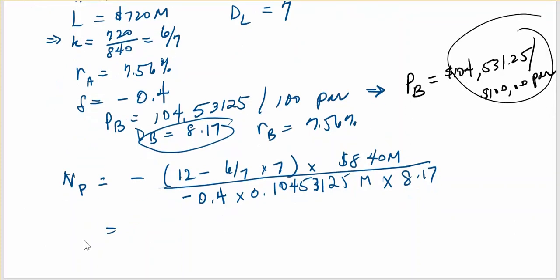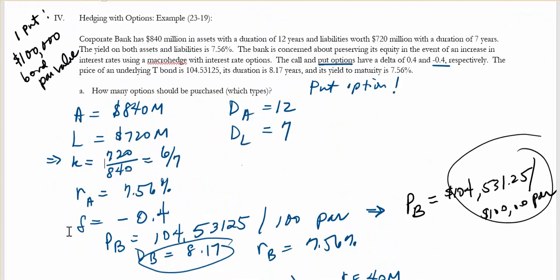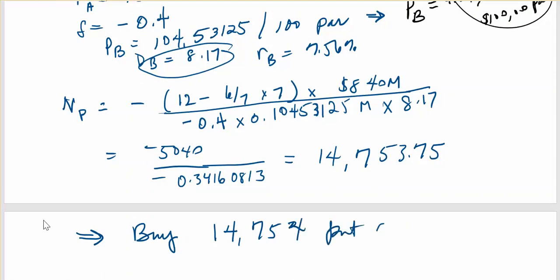We have these negatives cancel out. So the numerator and denominator will be these numbers. And we get 14,753.75. You can't buy a partial contract, so this means we buy 14,754 put contracts.